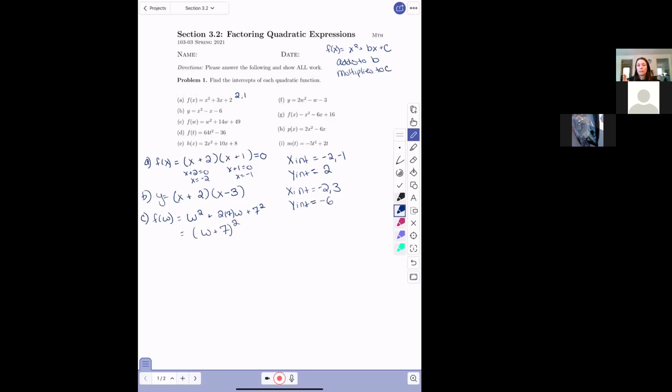We could just jump to that. We don't really have to think much about it once we notice that. We just have to remember that. Any questions on that?